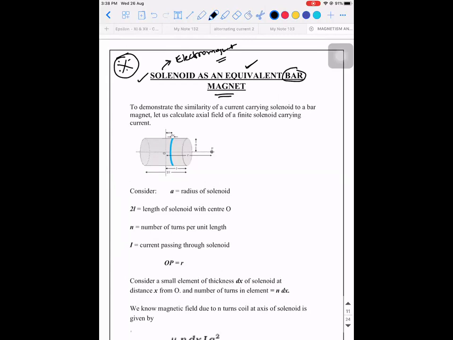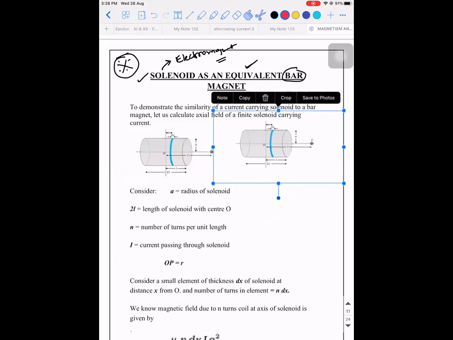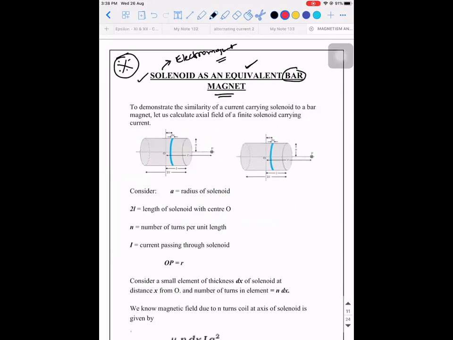If you look at this diagram, it is as if the wire is wound around it, very close to each other, like this. You're able to see? They are so close to each other that it will approximately look like a cylinder.